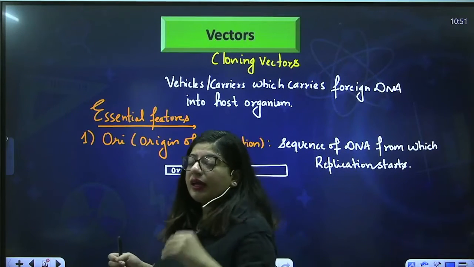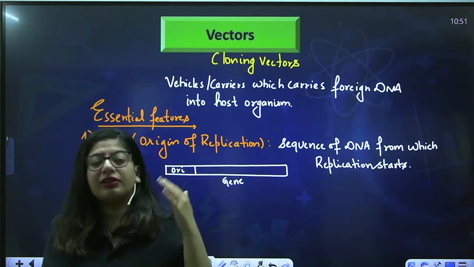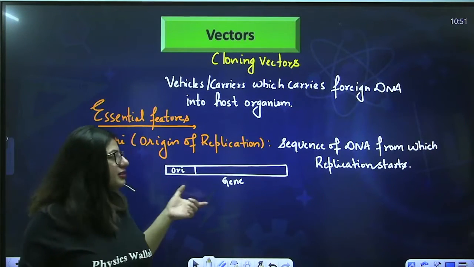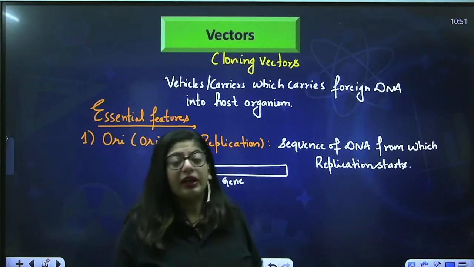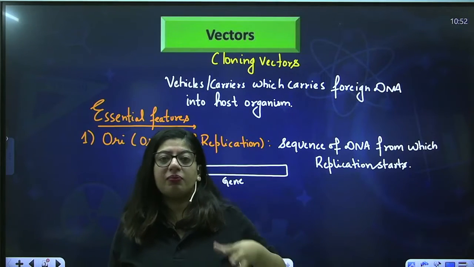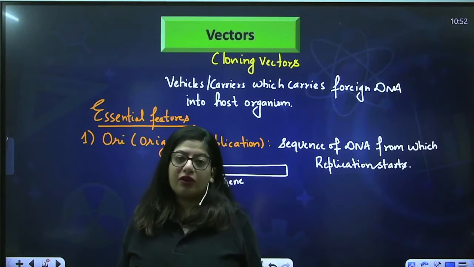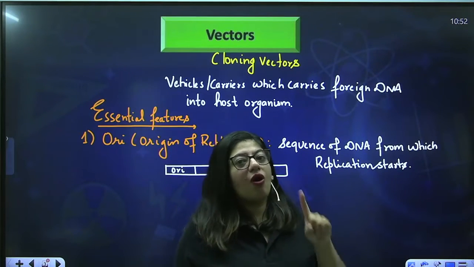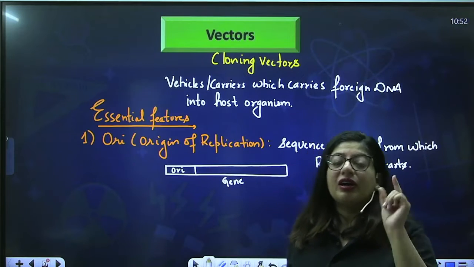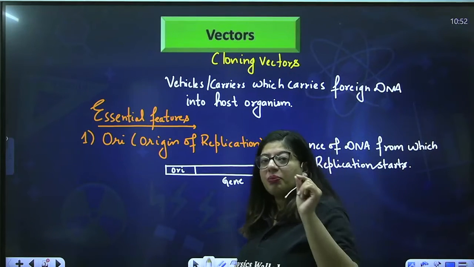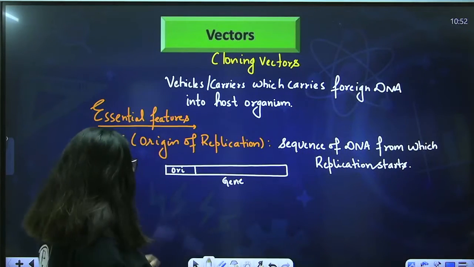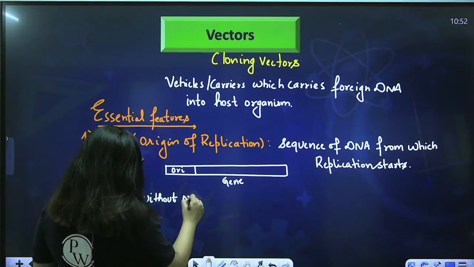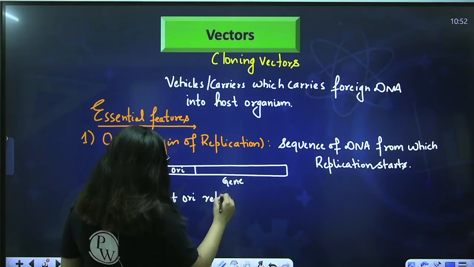So if you are using any vector, that vector definitely should have origin of replication, because that's the point from where replication will start. Without this ORI, replication will not occur.